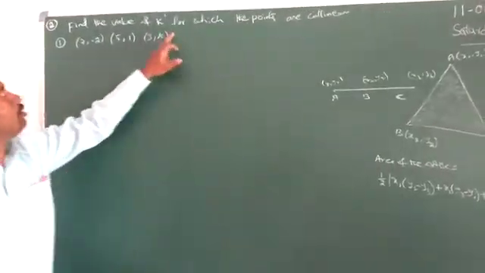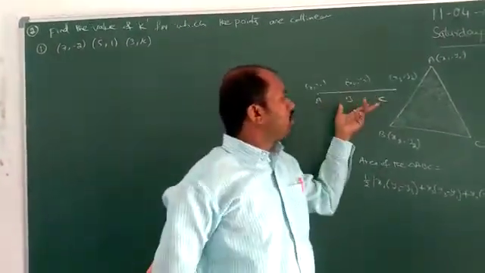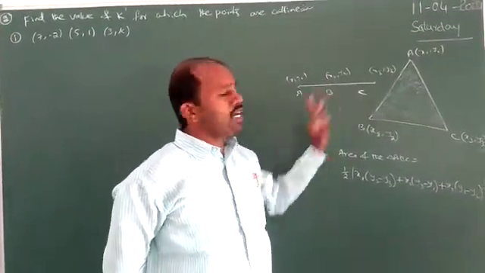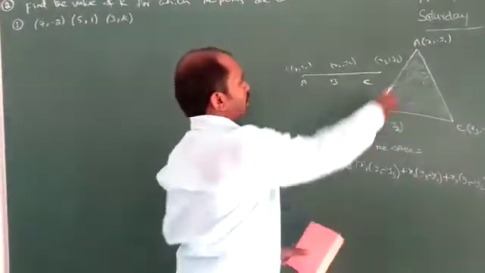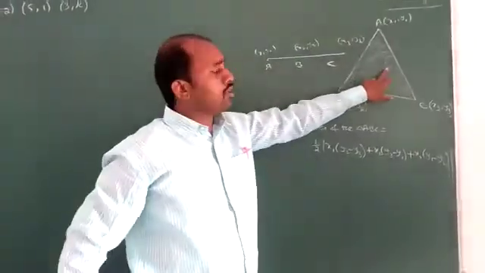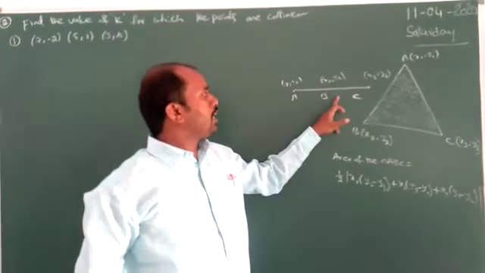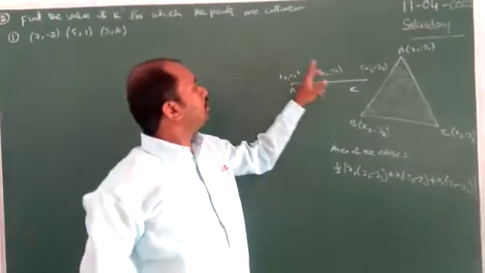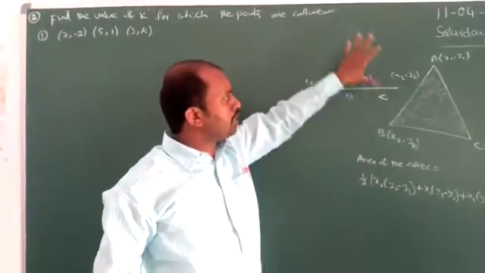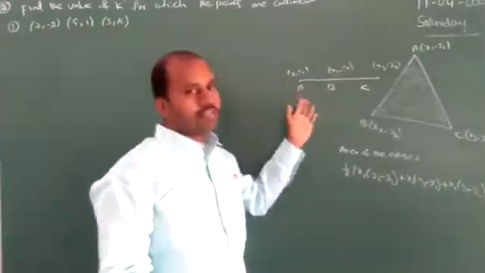Here the same concept is given. Find the value of k for which the points are collinear. Suppose the 3 points are collinear, then they do not form a triangle. The triangle ABC is formed when these 3 points are not collinear. Suppose the 3 points are collinear, the triangle is not formed. So if the points ABC are collinear, the triangle's area is 0, because if the triangle is not formed, there is no area. So the area of the triangle is 0. That concept you can use now.